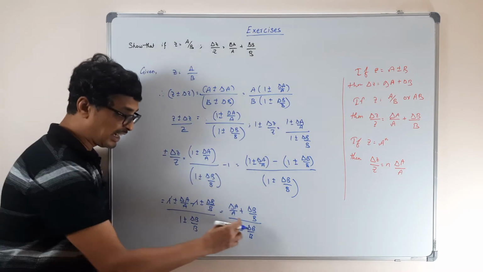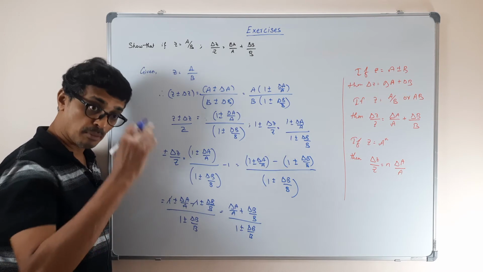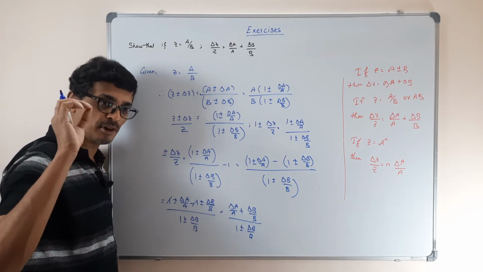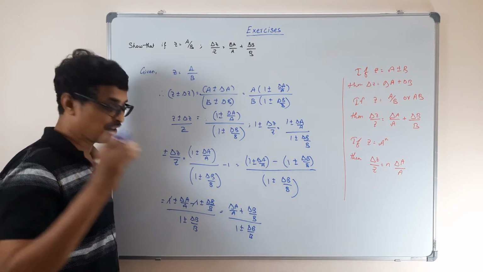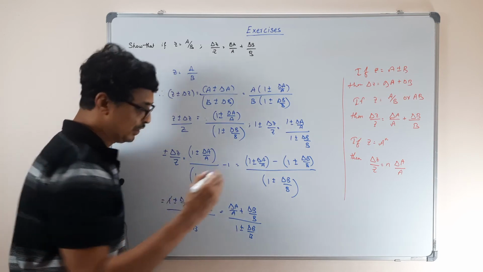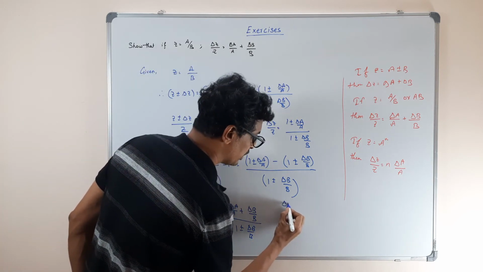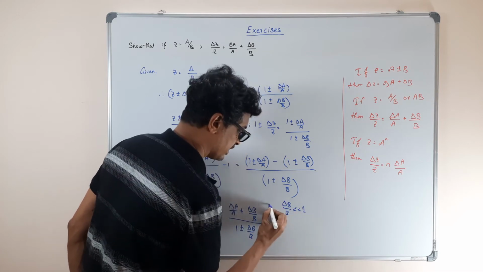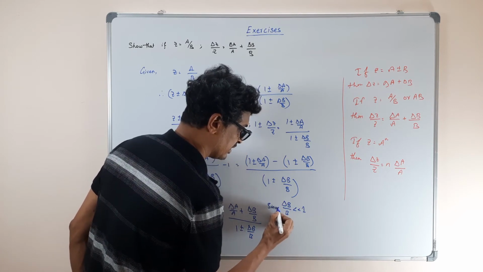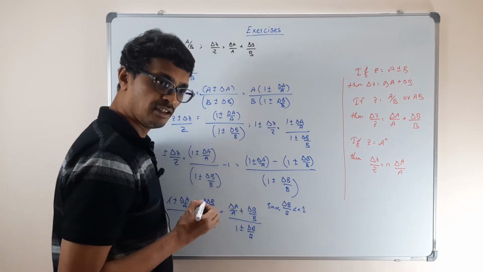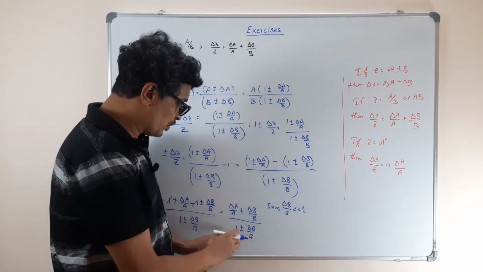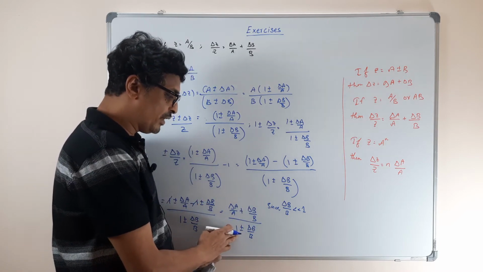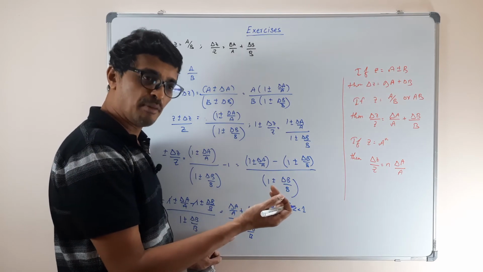Now this is a relative error, correct? If you remember, we said relative error will always be a very small quantity. You have seen also all the calculations, right? So your delta B by B is very, very smaller than 1. So if you add any one with a very small number, will it make a difference?